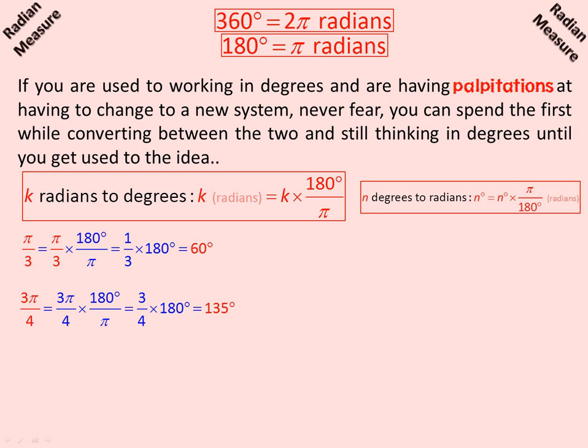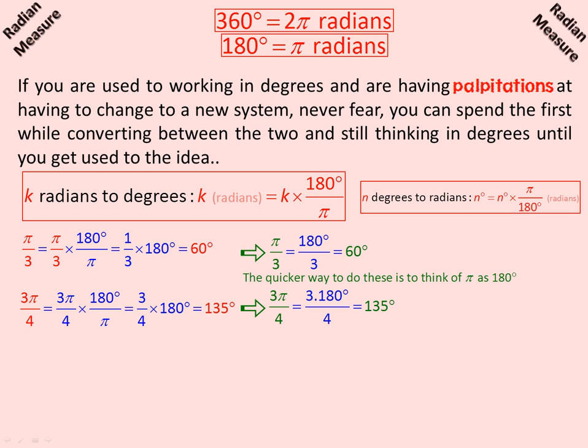We end up with 3/4 of 180, 135. But remembering that pi is really 180 degrees, why don't we go straight off there and put pi as 180 degrees there, so we get our 60, and 180 degrees there, and we can multiply it out immediately. And we're going to do the same thing here, 180 degrees there, and it simplifies to that angle.